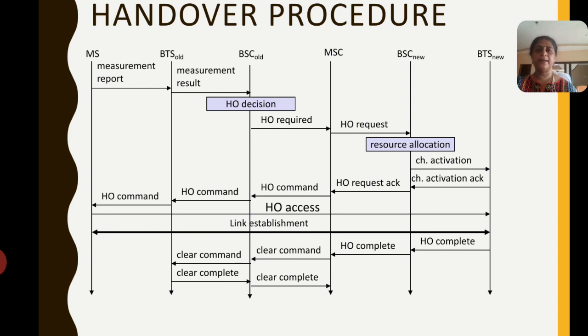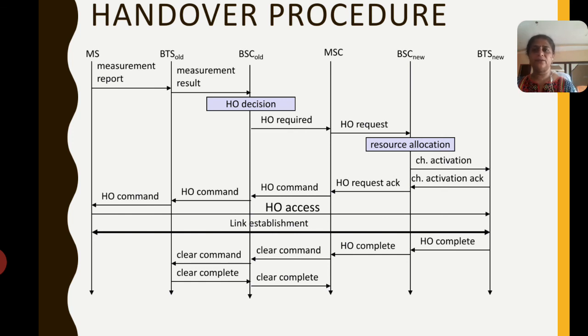The BTS in that particular cell will be assigned the activation signals, and then the channel will get activated by the BTS and an acknowledgement will be sent to the BSC, which in turn will send the acknowledgement to the common MSC.